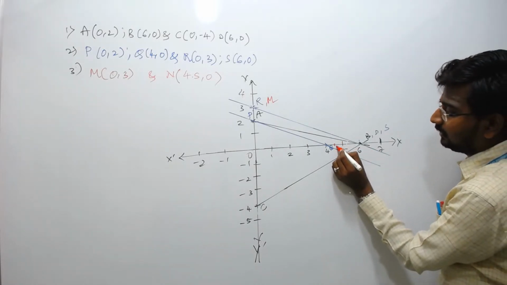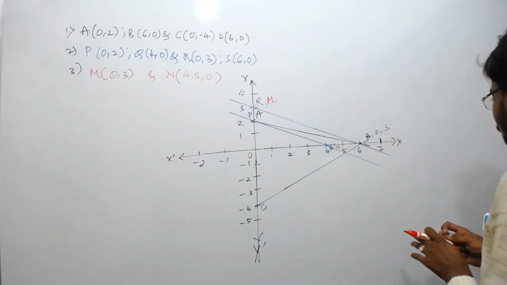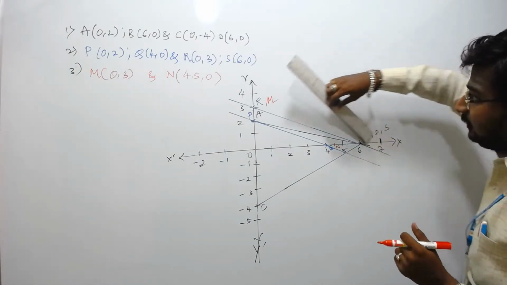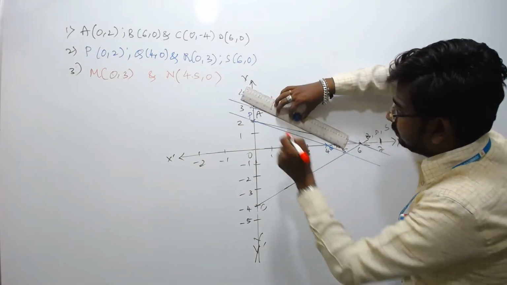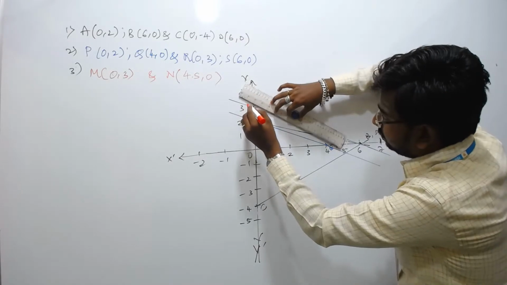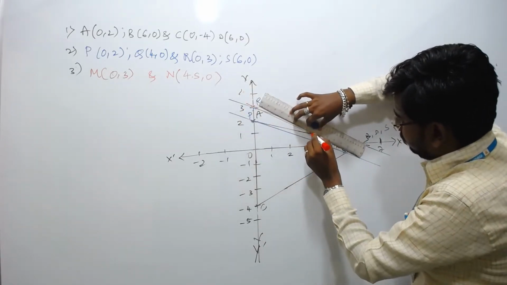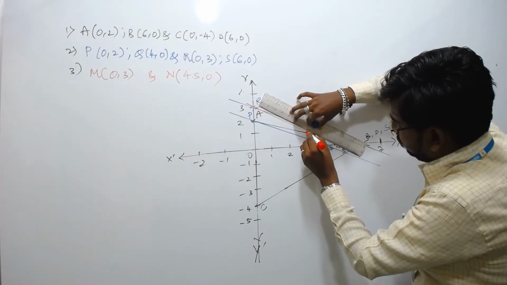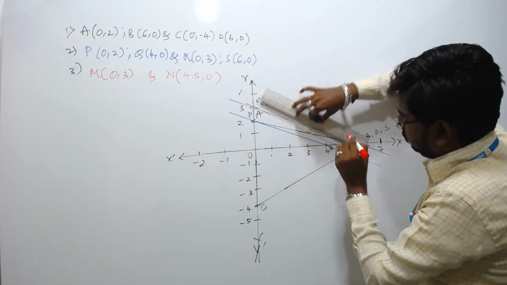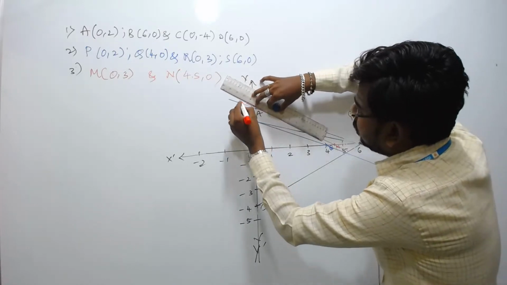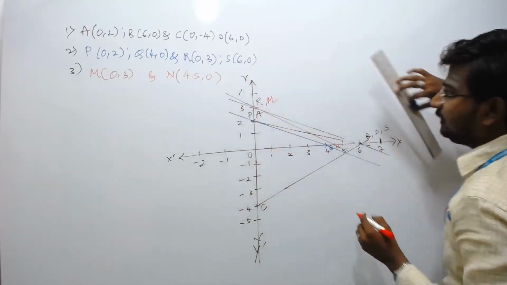M and this is N. Join this with red ink, M and N. So this red ink represents the coincident line.